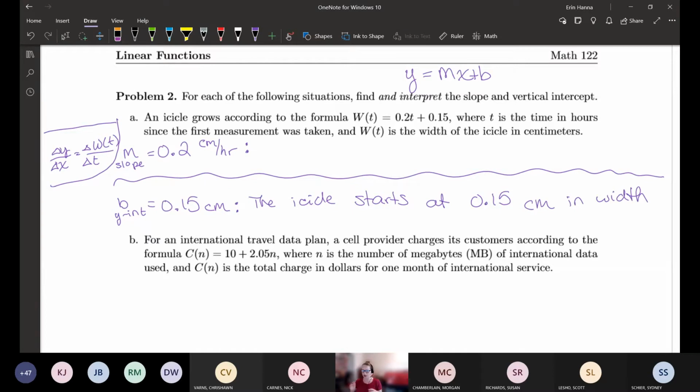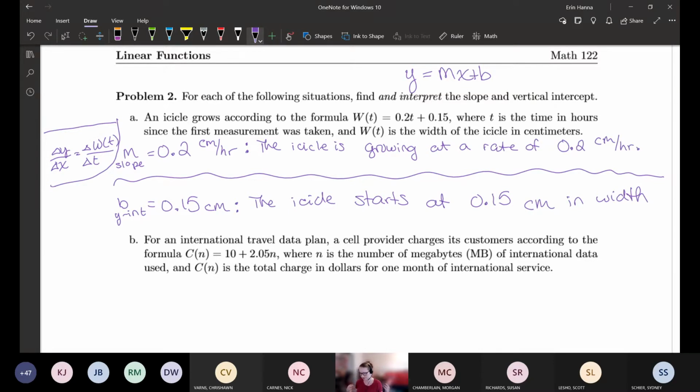The slope's a bit trickier. Not really, I shouldn't even say that. But what we want to think about with the slope is that it's essentially a rate. If you think about what the slope does in terms of a line, it tells you how much you go up when you go over. So it's telling us how much we're increasing or decreasing, depending on the sign of the slope. Since the slope here is positive, it's going to be increasing, so the icicle is going to be growing. So we would say something like the icicle is growing, because the slope is positive, at a rate of 0.2 centimeters per hour.